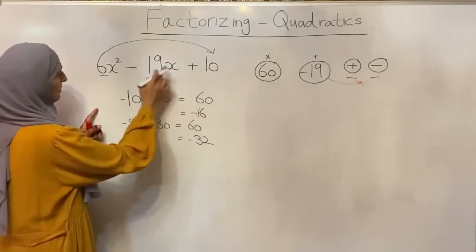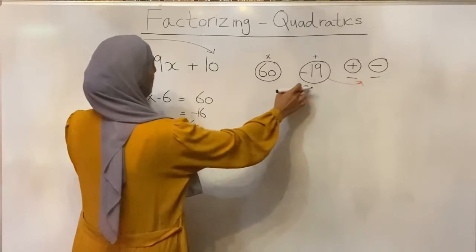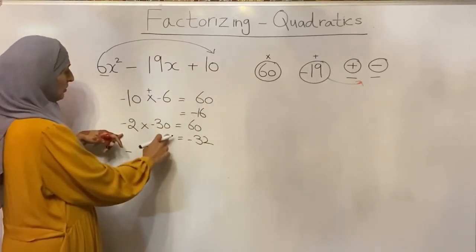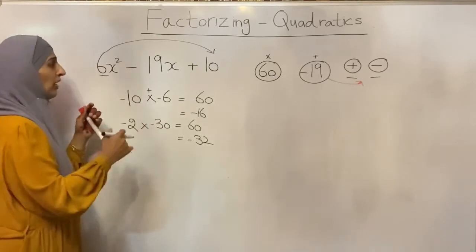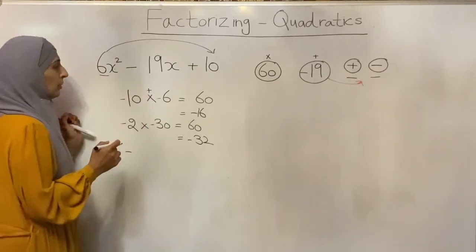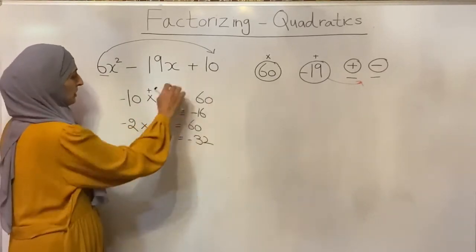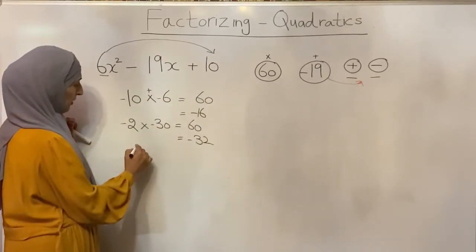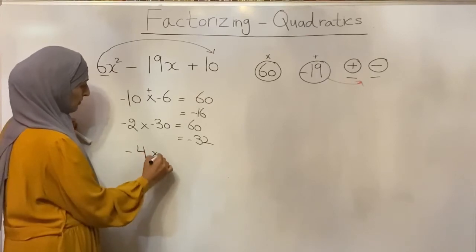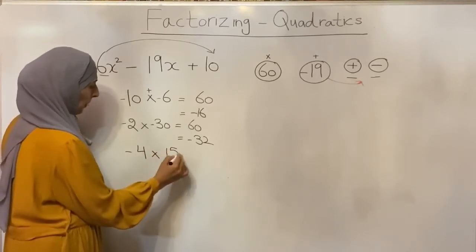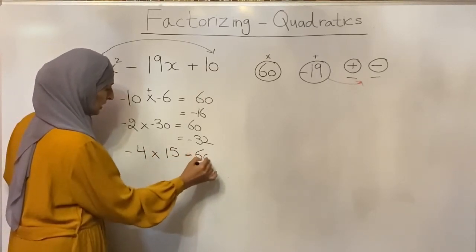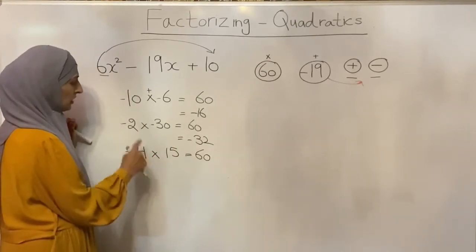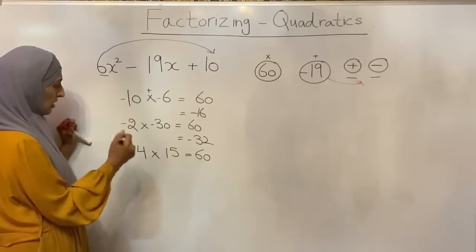So 10 times 6 is 60 but doesn't give minus 19. It's not coming in the 2 timetable, it's not coming in the 10 timetable. We have to find another timetable. Next is 4. If I multiply 4 times 15, this is 60, because 15 times 2 is 30, and 30 times 2 is 60.